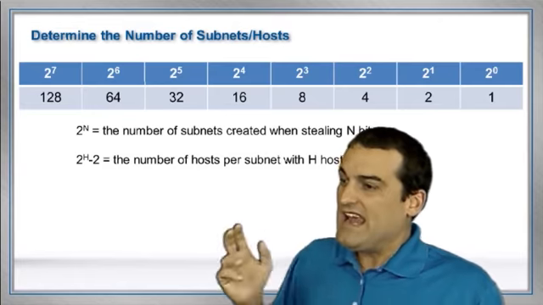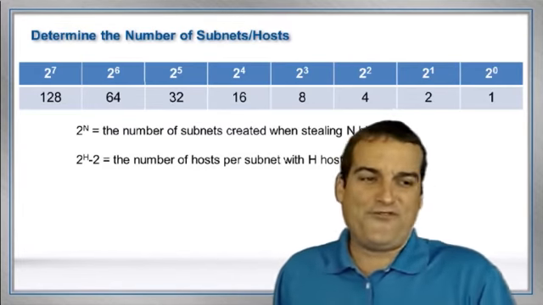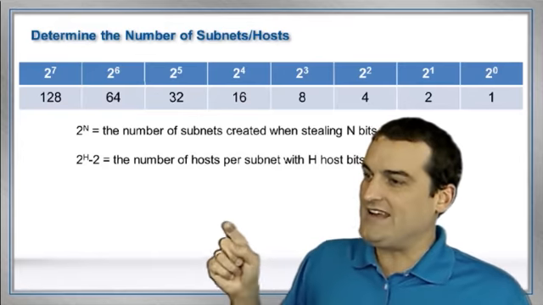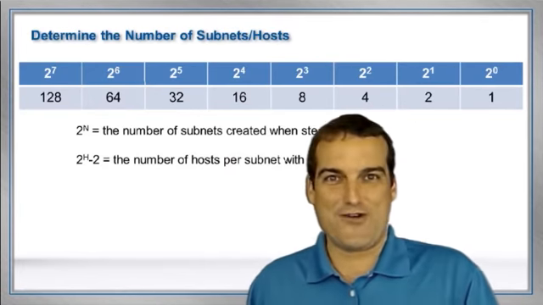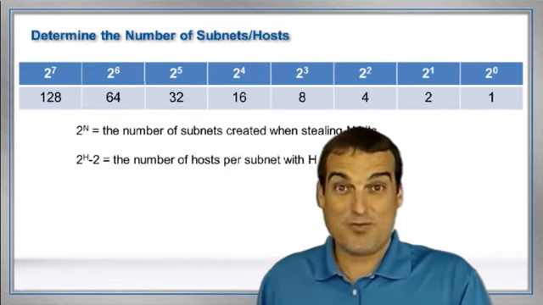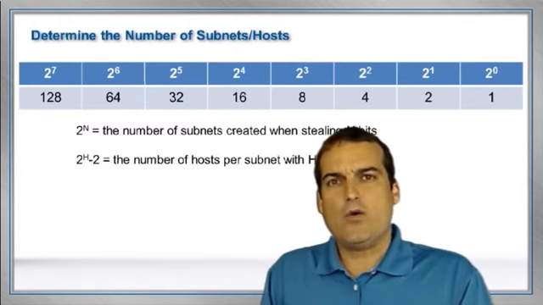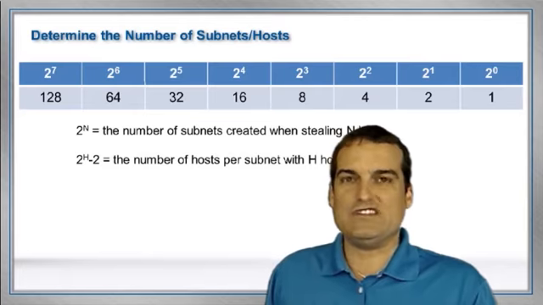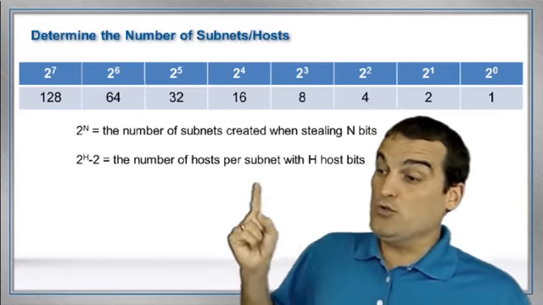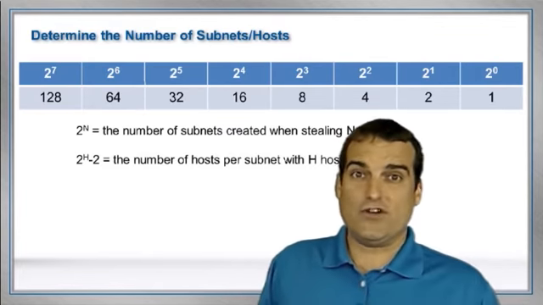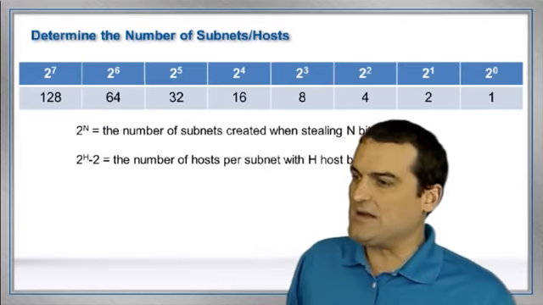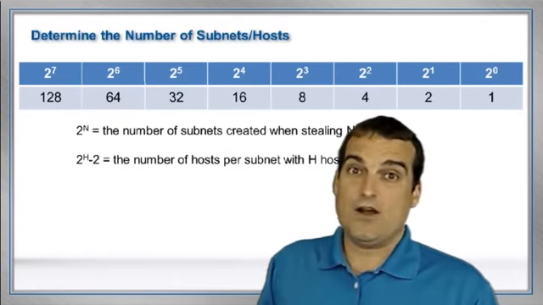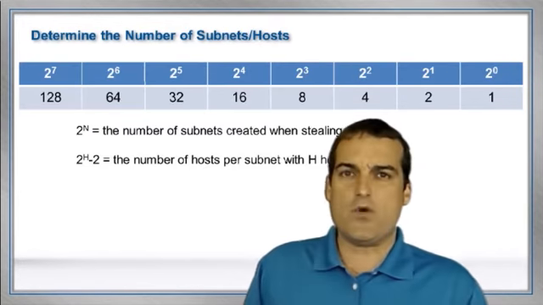Let's do another one. If we steal 5 bits, how many networks can we create? 2 to the n, 32 networks can be created. Now, how many hosts can live in each of those networks? Well, you look at the bits that are left over. In our Class C example, if we steal 5 bits, we can create 32 networks.